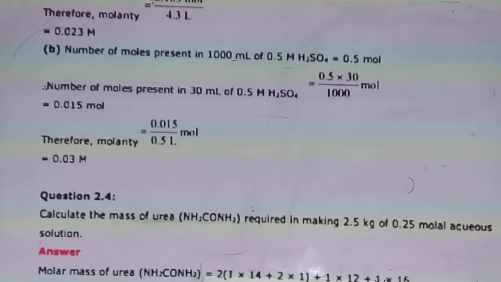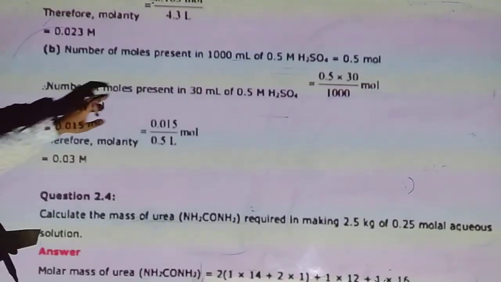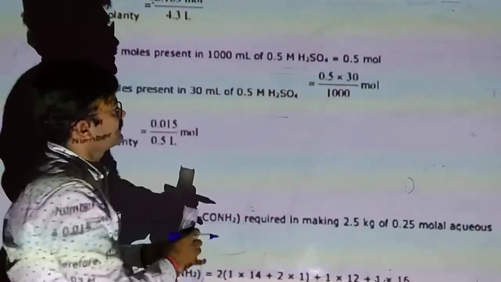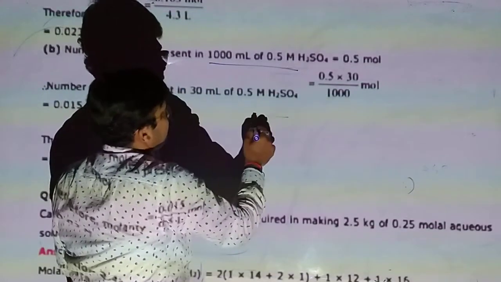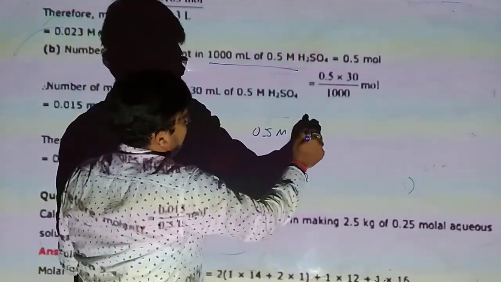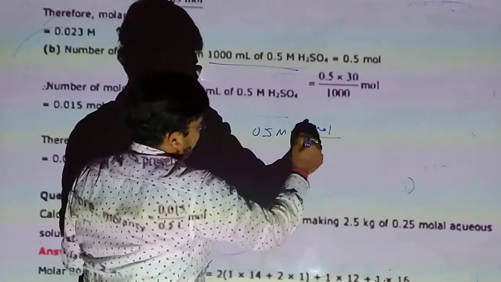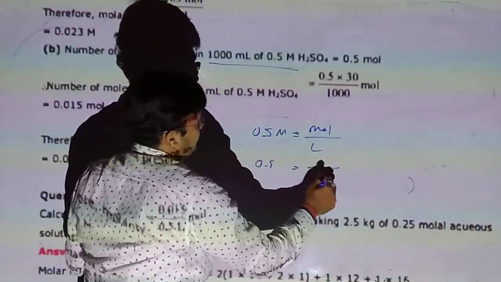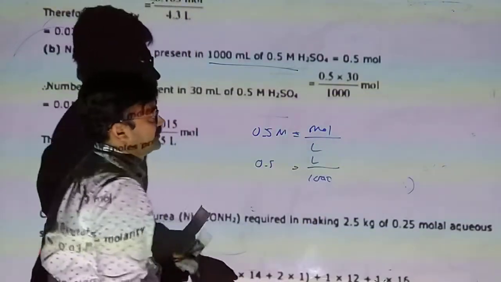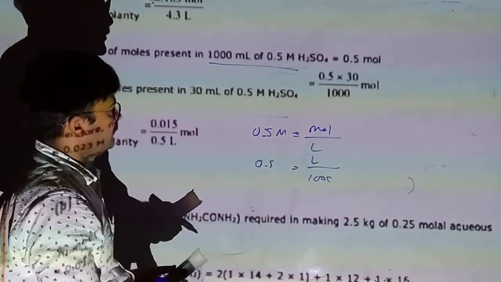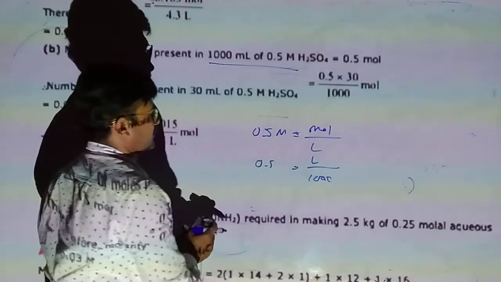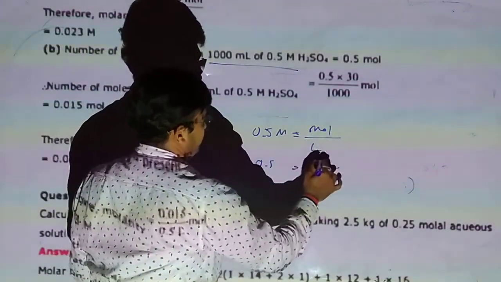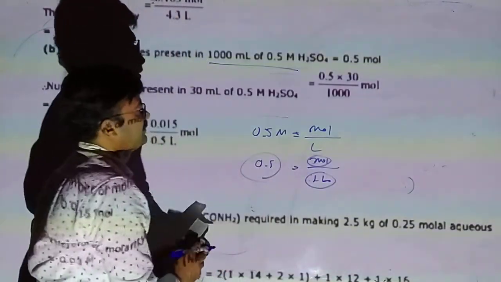Another method we are discussing here. 0.5 molarity means 0.5 mole per liter. Clear? 0.5 mole comes in 1 liter, so 0.5 mole is present in 1000 milli.